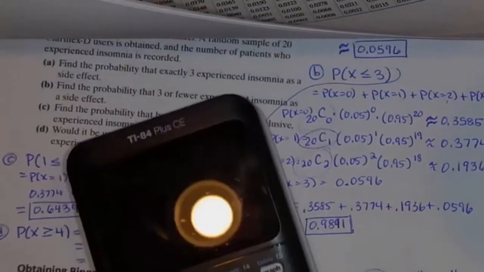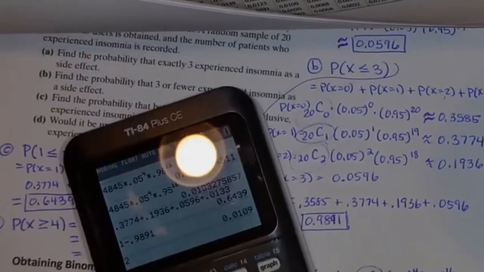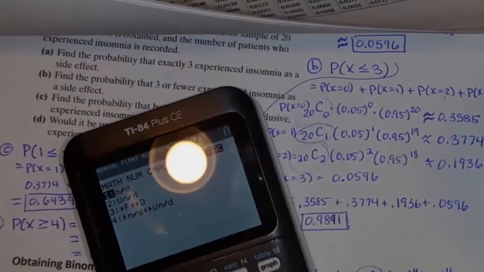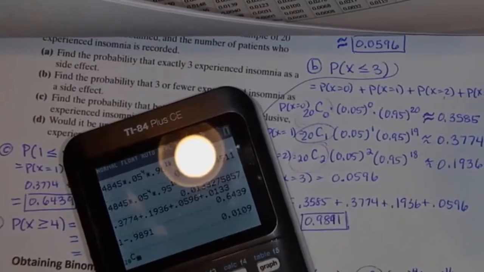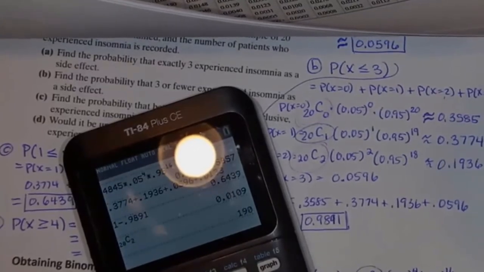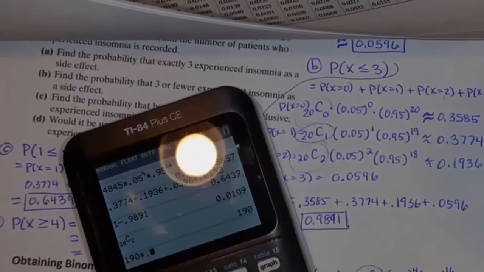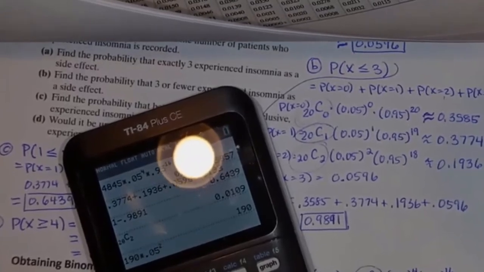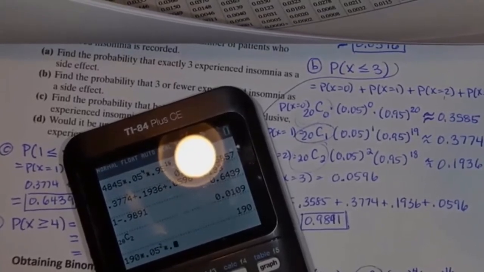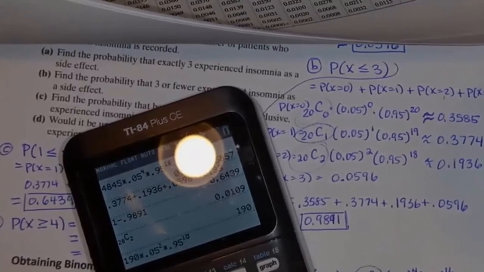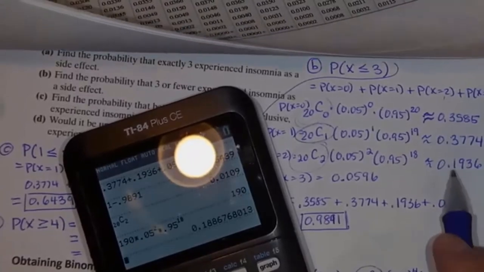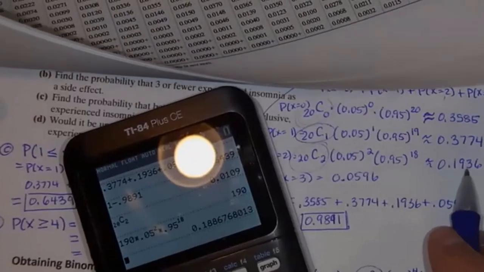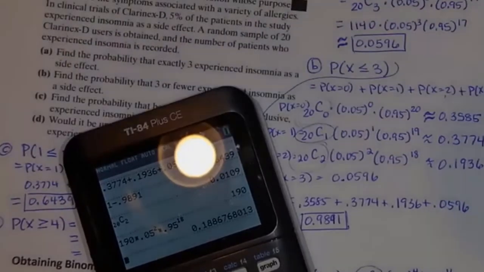Let me double check my calculation. 20 take 2, that's 190. 190 times 0.05 to the second times 0.95 to the 18th. Yep, I don't know what I did there, but I calculated that wrong.